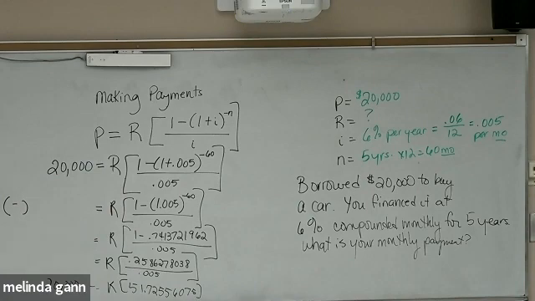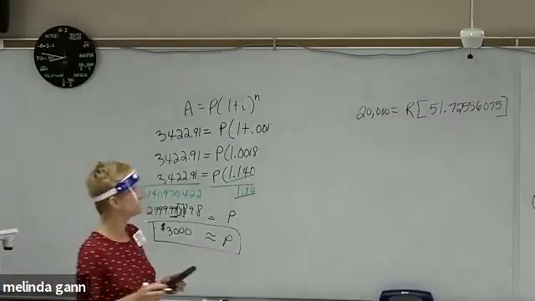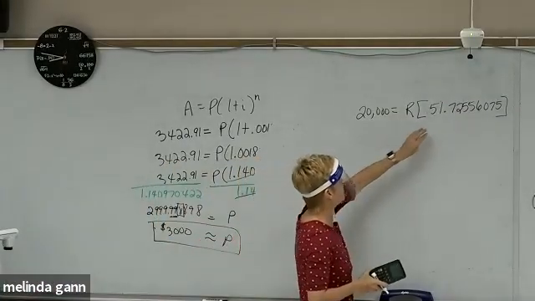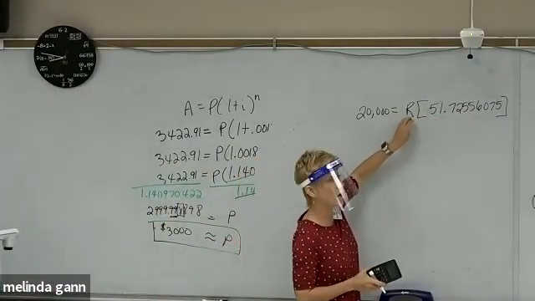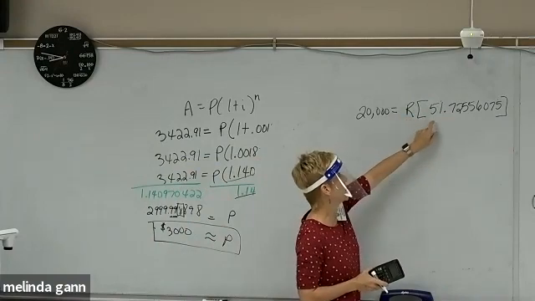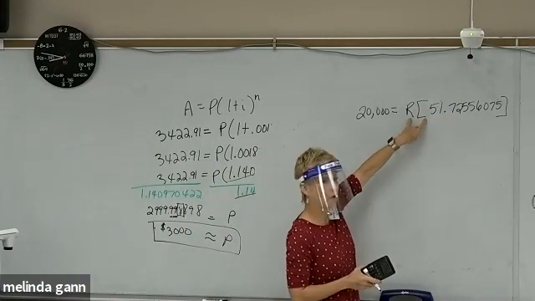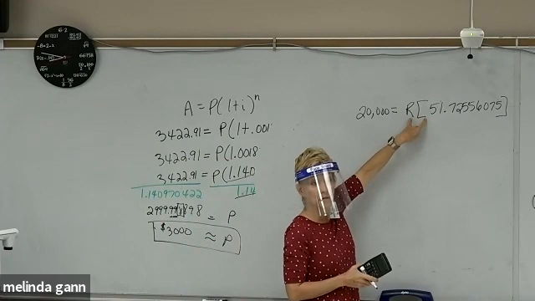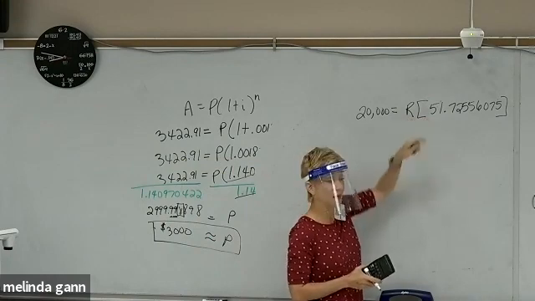All right, is everybody tracking with me? Now, I've got this number in the bracket next to R. If I want to get rid of the number in the bracket, doesn't that mean to multiply them? So how am I going to undo multiplication?